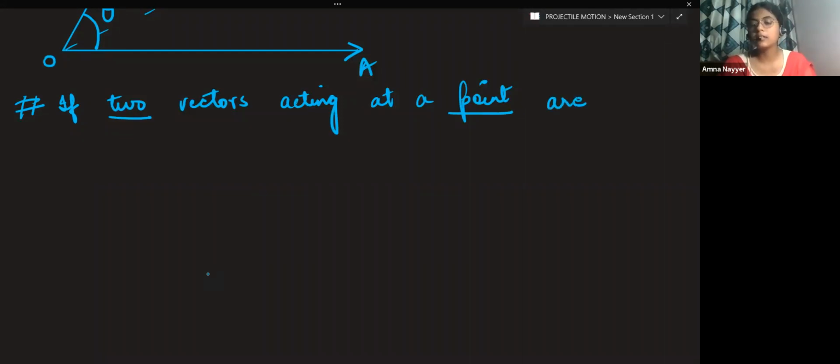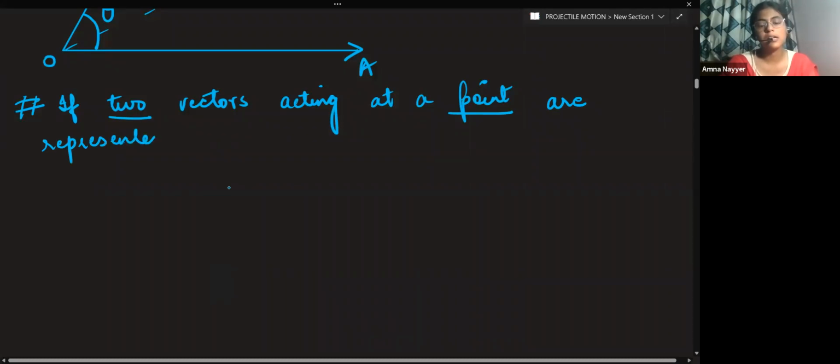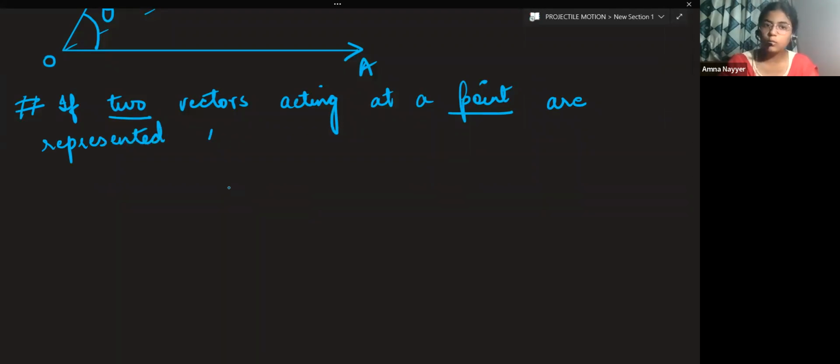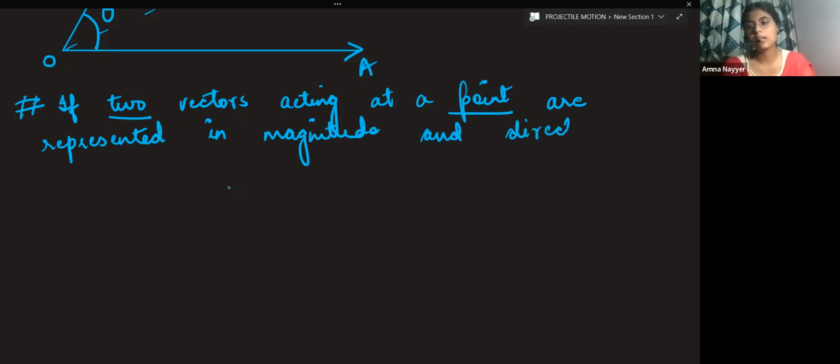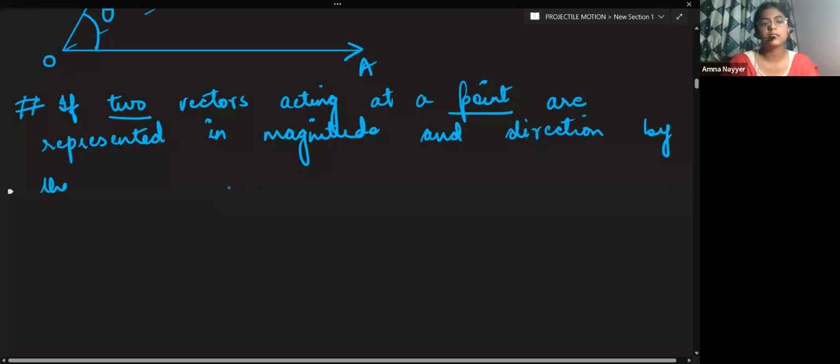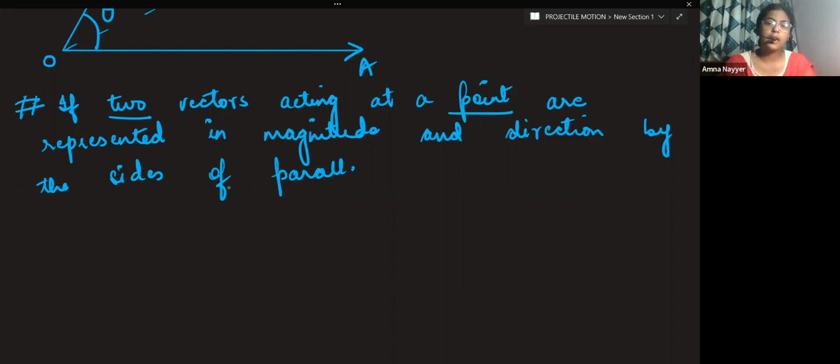Are represented in magnitude and direction by the sides of a parallelogram drawn from the same origin.